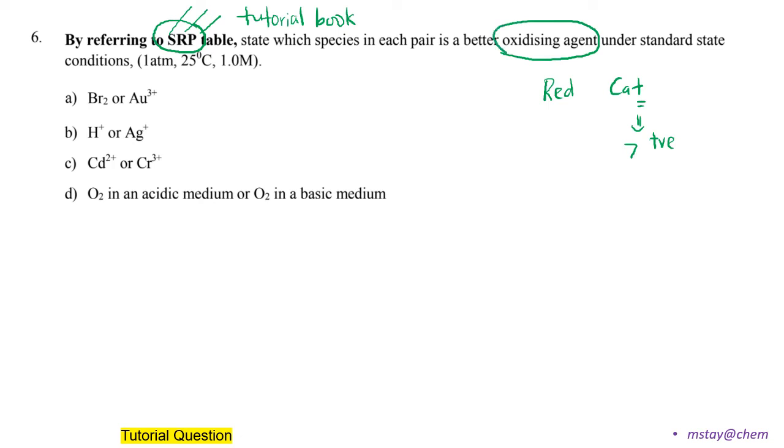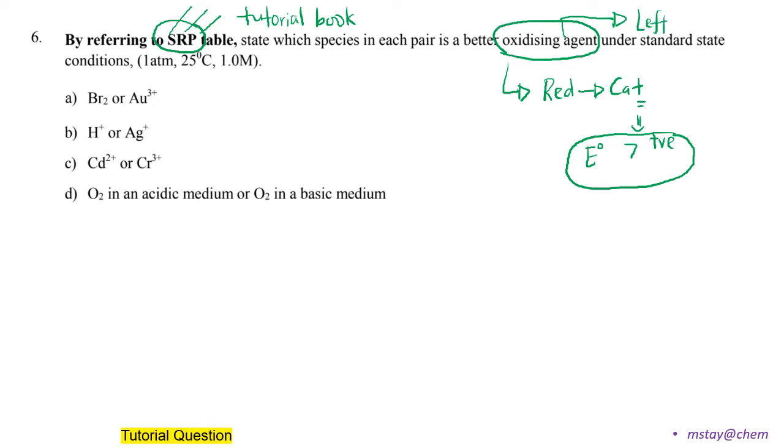As we know, an oxidizing agent always undergoes reduction. Reduction always happens at the cathode, and the one with the more positive electrode potential will be the cathode. So now check the left hand side, because the oxidizing agent is the species that undergoes reduction, so it will be on the left hand side of the half equation.